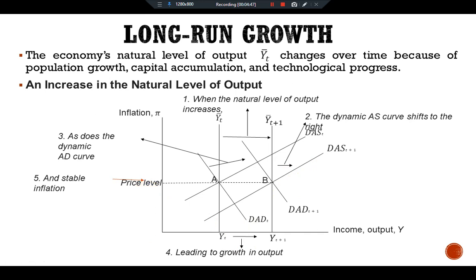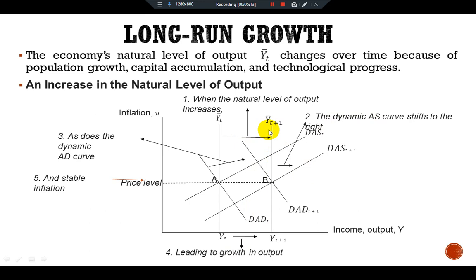This figure illustrates the effect of an increase in the natural level of output. Because this variable affects both the aggregate supply and aggregate demand curves, both curves shift to the right, in fact by exactly the amount that Ȳt changes.